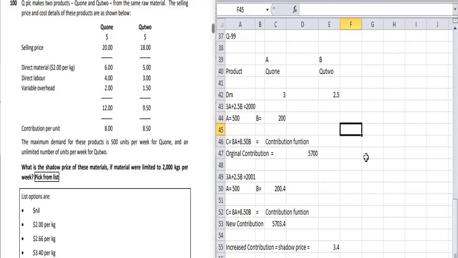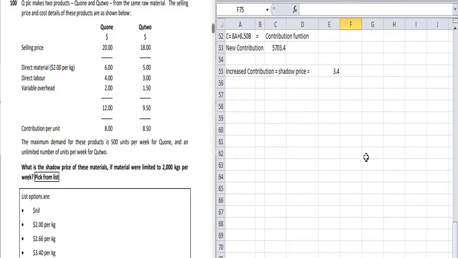The other method I will explain. Q2 has unlimited demand. If we rank these two products according to the contribution per our scarce resource, what will that be?